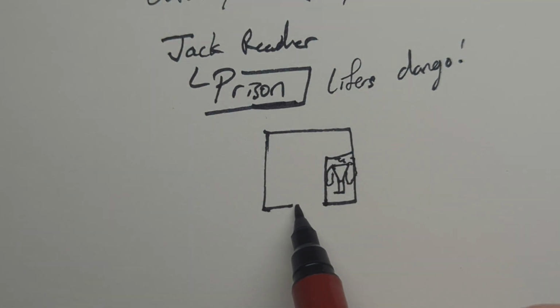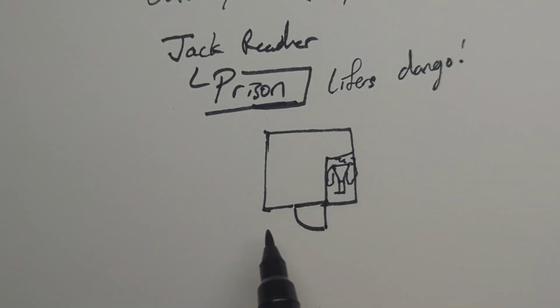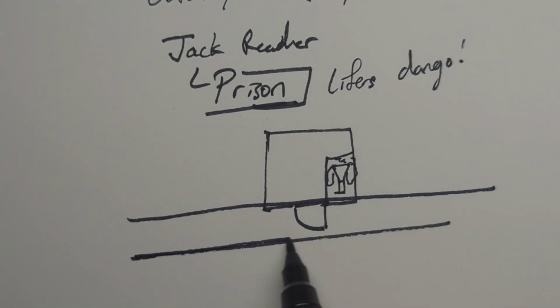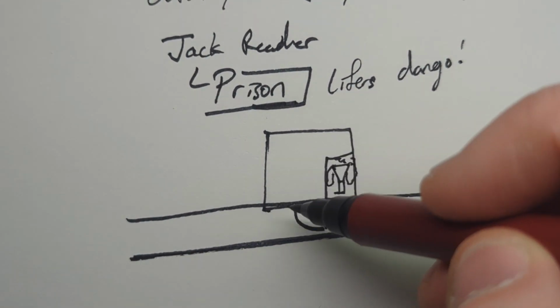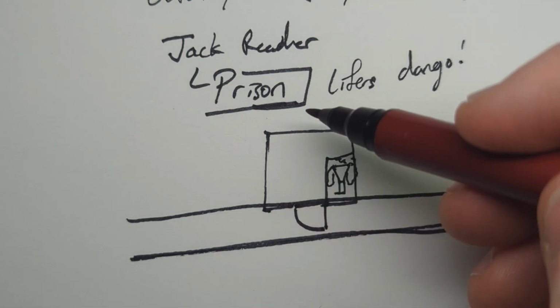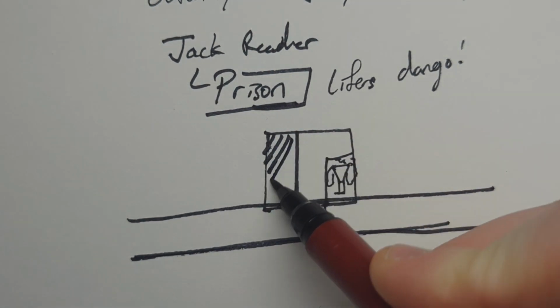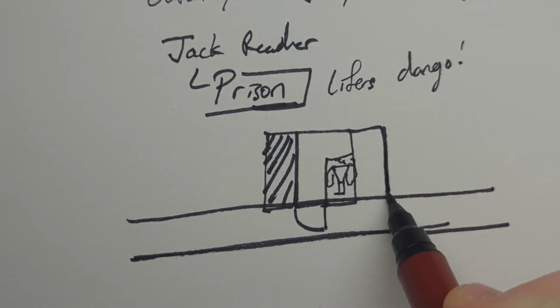This is the cell, and this is their door. It slides open, of course it does, because it's a prison. Then it goes through here, and the hallway is actually much thinner. So we'll put a wall right here and call this no man's land, and I'll put another one right here so it looks a bit more intentional.